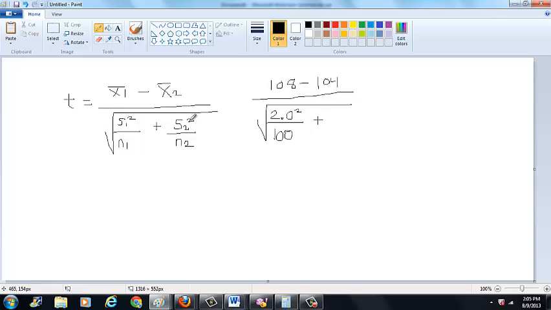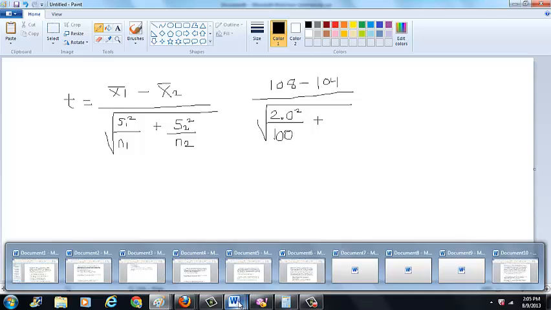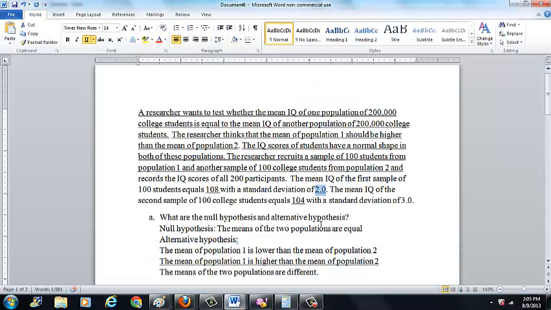S2 squared is the standard deviation of sample 2 squared. The second sample had a mean of 104 with a standard deviation of 3.